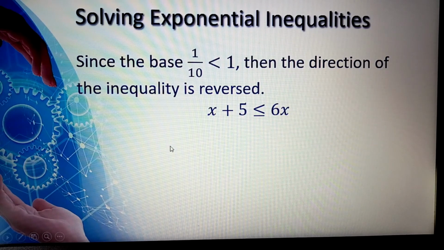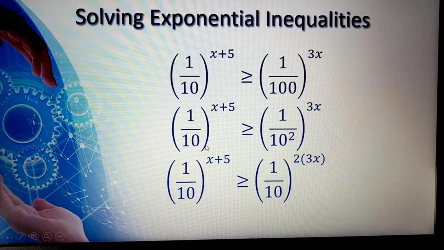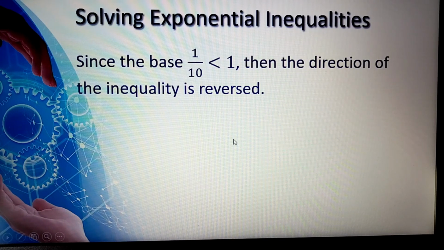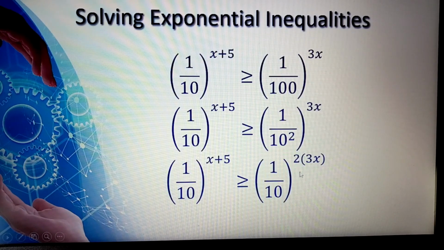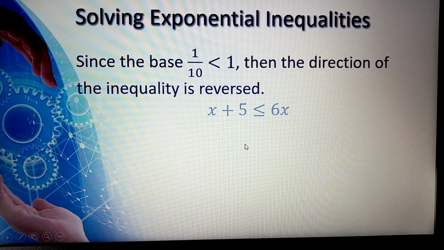So by operating on the exponents, our exponents are x plus 5 and 2 times the quantity 3x. Then the inequality symbol is reversed. So we have x plus 5 less than or equal to 6x, because the exponent 2 times 3x becomes 6x.